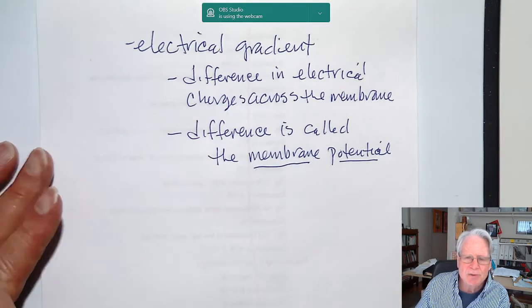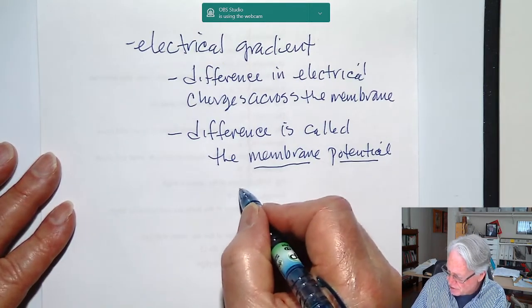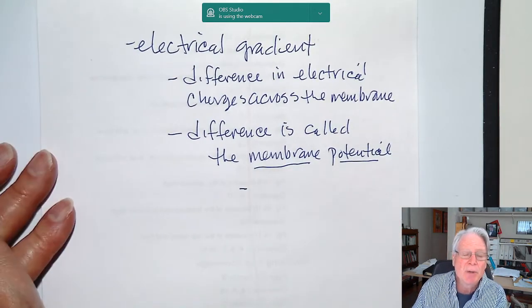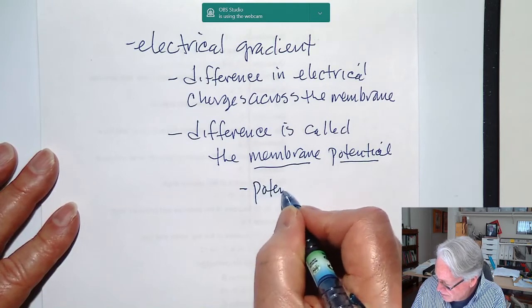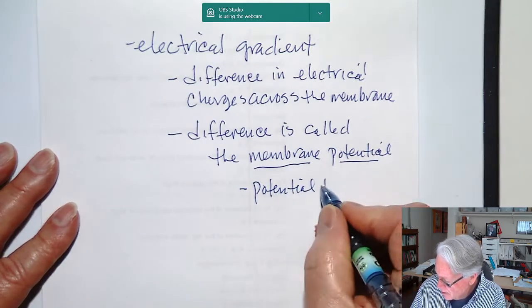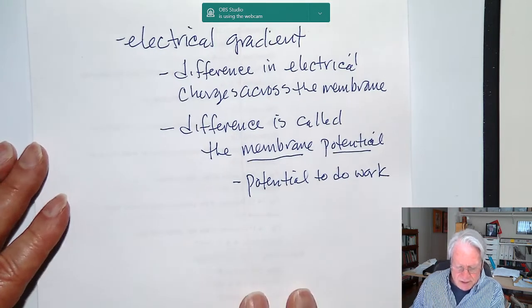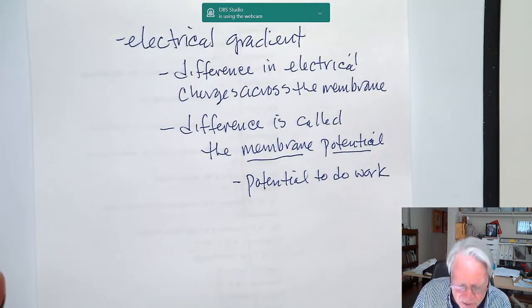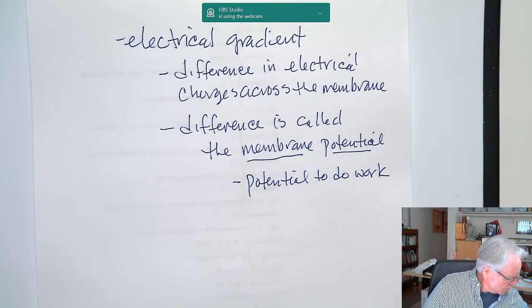Why do we use the word potential here? And the answer to that is that difference in charges gives you the potential to do work, just as the concentration gradient that we talked about earlier gives you the potential to do work.